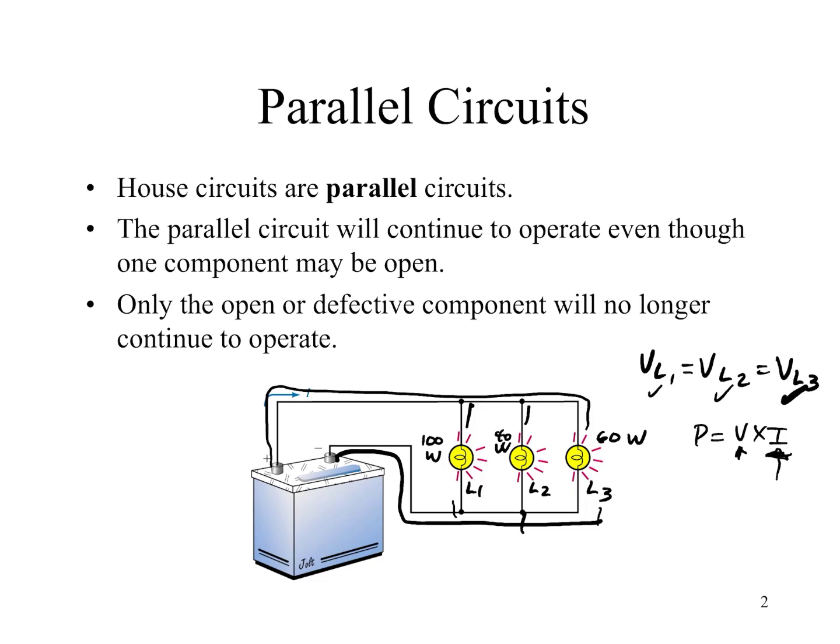So current is going to be what is changing in this arrangement for each one of these loads. And so if we were to consider the current of lamp 1 leaving the source, also leaving is the current for lamp 2, and leaving is the current for lamp 3.